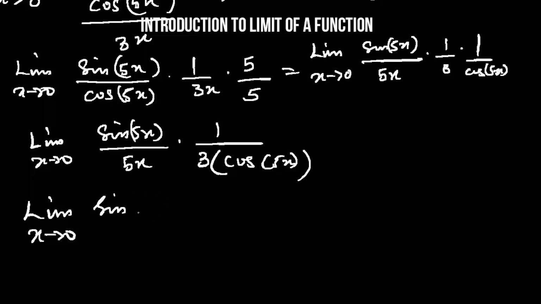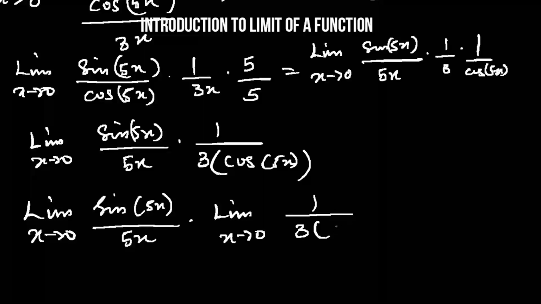Do you understand that now? So this is sine 5x divided by 5x multiplied by the limit as x tends to 0 of 1 over 3 cos 5x.